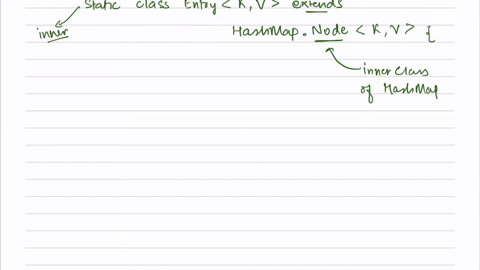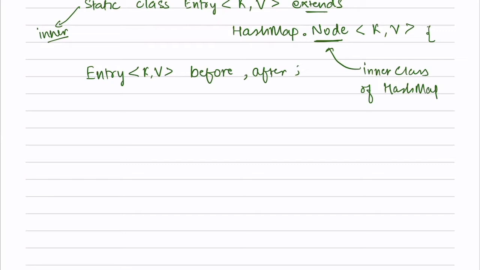Let's see what's inside this class. This will contain Entry type references, which will be before and after. And the rest of the four things which we have talked about, like value, key, hash, and the next pointer, will come from this Node class.